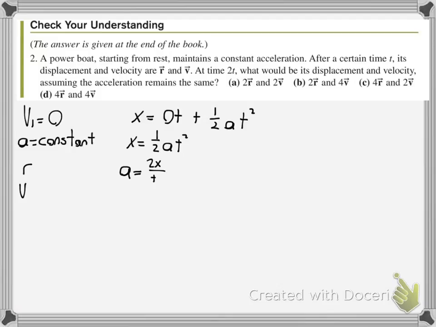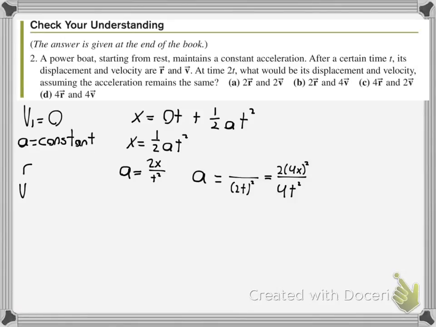Since they're asking us what would happen to the displacement and velocity if the time were doubled, we would use this equation to plug in that information. So we would do 2 times t squared, which is 4 times t squared, and in order for our acceleration to be the same, we would have to multiply displacement by 4.